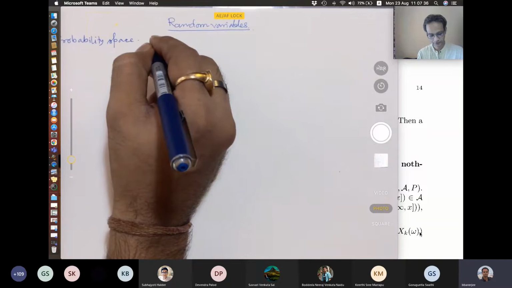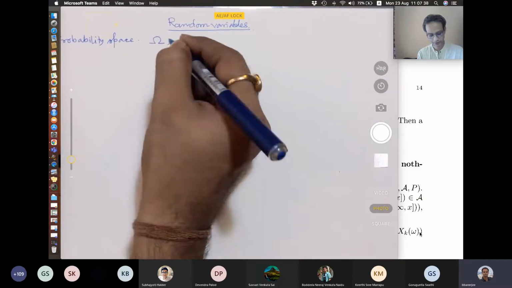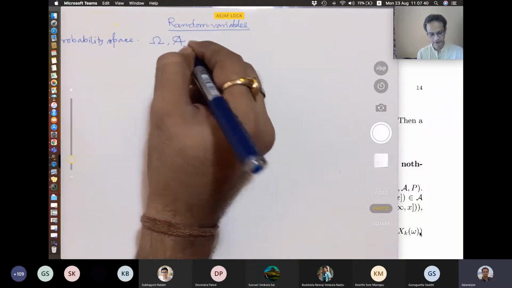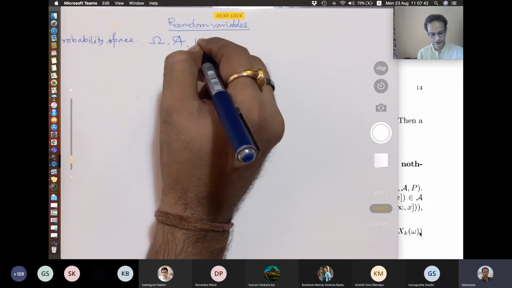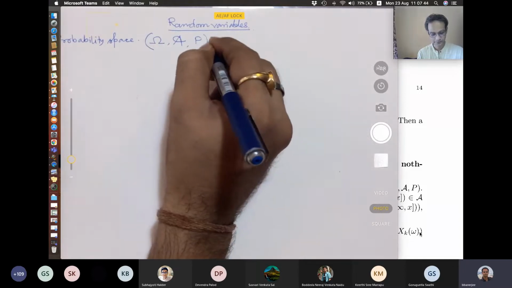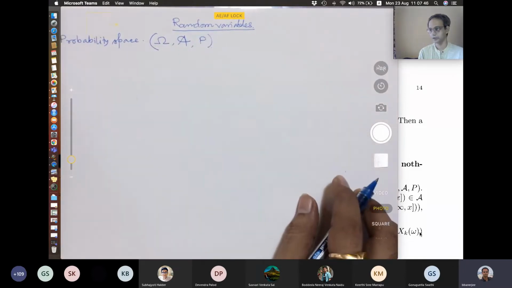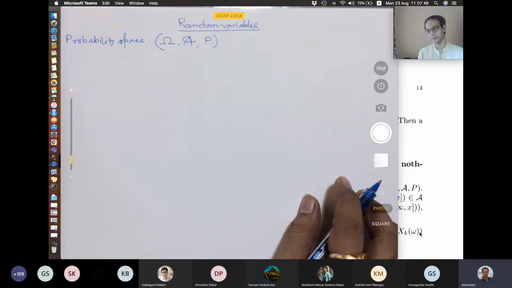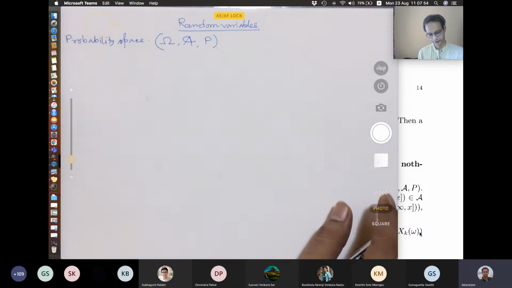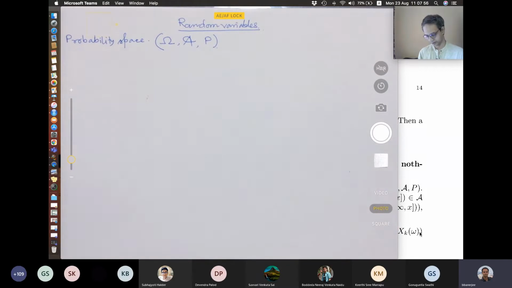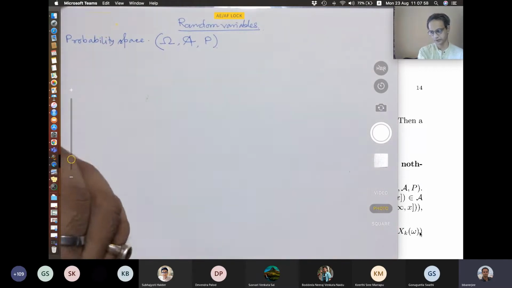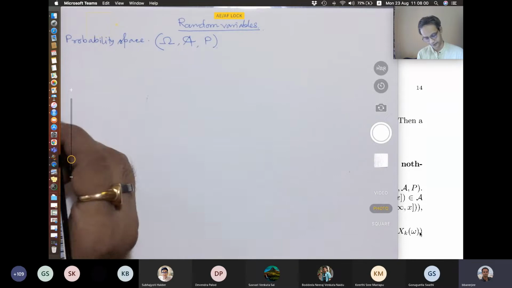That we have already defined: it will have a set omega, a non-empty set, a sigma field associated to it, and a probability function. So this is the thing we first need. On top of it, we will define a random variable. So let's start with an example such that things become much clearer conceptually.